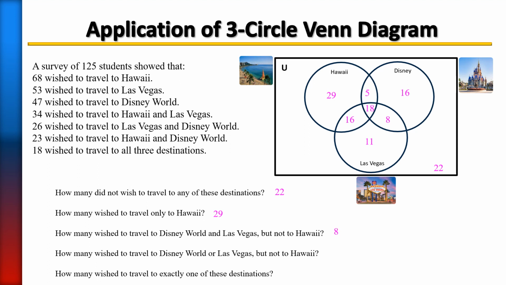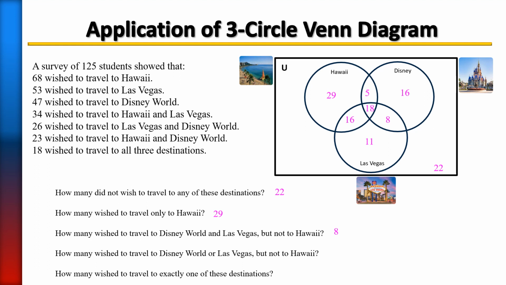Now the next question, it looks like it's the same question, but it's not. Number 3 is Disney and Las Vegas, but not Hawaii. Number 4 says Disney or Las Vegas, but not Hawaii. So when they say or, that means both of them.